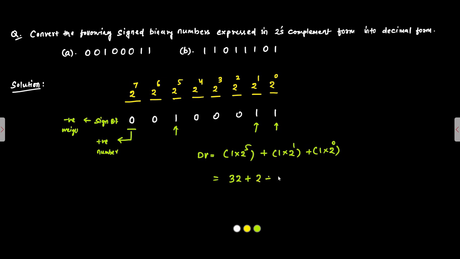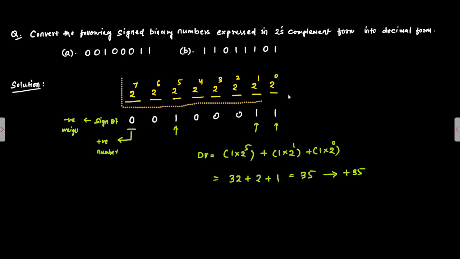Okay, so it is equal to 32 plus 2 plus 1, which is equal to 35, or plus 35.